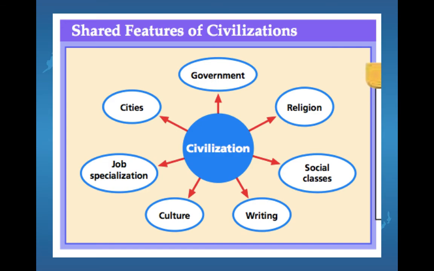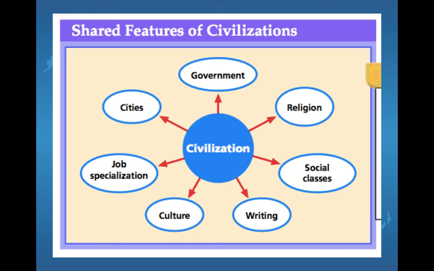Many of these early civilizations are the beginnings of what we consider modern religion today. We're going to see people start to specialize in certain types of job skills. So you're going to have people who start specializing in farming.